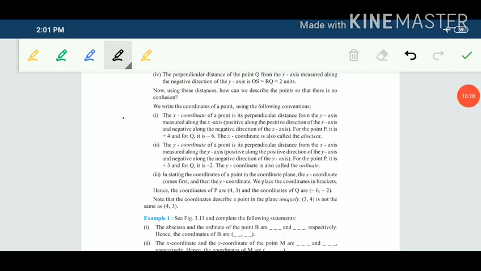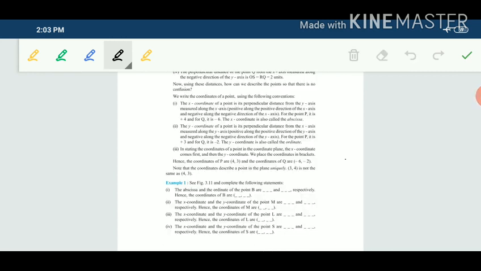And in the plane the coordinates are unequal, so (3, 4) is not equal to (4, 3), because here the value of x is 3 and there the value of x is 4, and both are not equal. So in the plane the coordinate pairs are unequal.